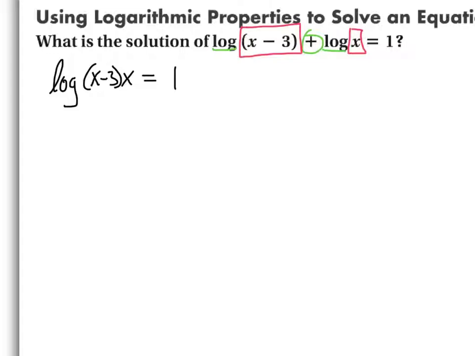If the base of our log was 7, we would use the number 7. But the base of our log is 10, so we need to use 10. So it's 10 raised to that logarithm equals 10 raised to the first. That's exponentiating both sides. And so now, essentially the log and the 10 go away, leaving us with x minus 3 times x.